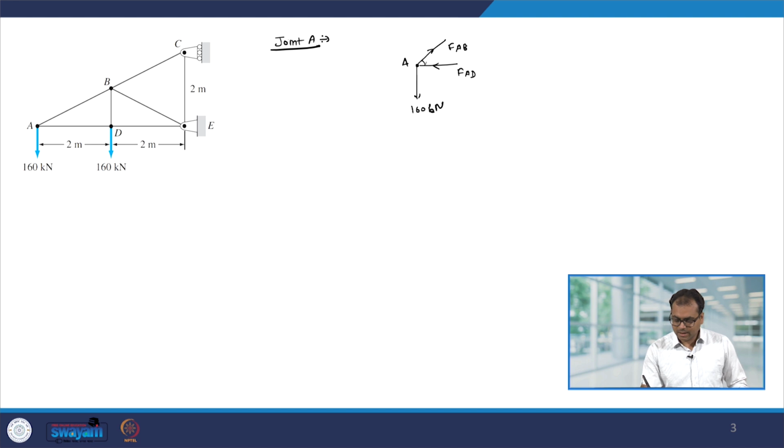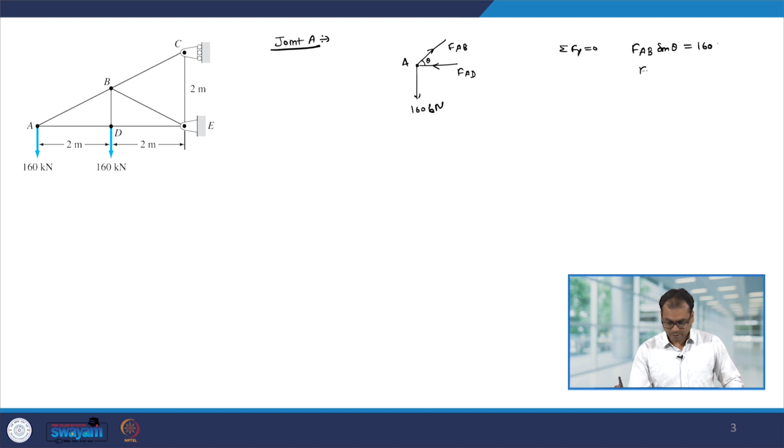Now, let us say this angle is theta, and this theta I can find from the geometry. Now, let me use the force balance equation along the y direction. So, summation Fy equal to 0. This gives you FAB sin theta equal to 160.